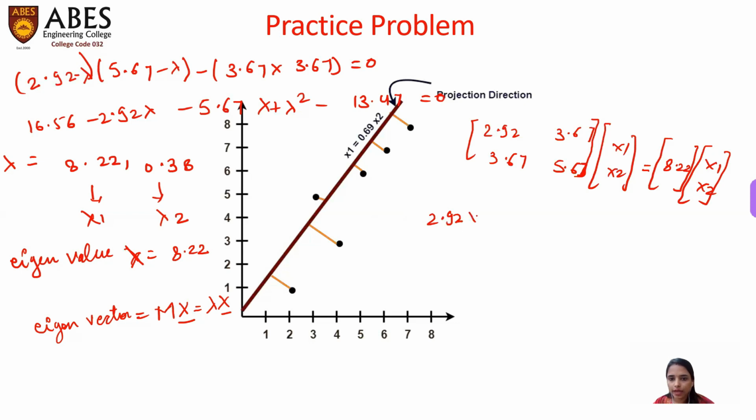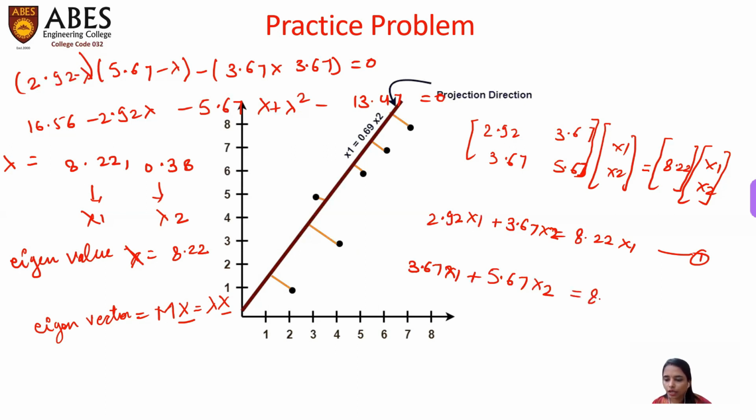Now we will simplify this equation. 2.92 into x1 plus 3.67 into x2 equals 8.22 x1. This is our first equation. The second equation is 3.67 x1 plus 5.67 into x2 equals 8.22 into x2.